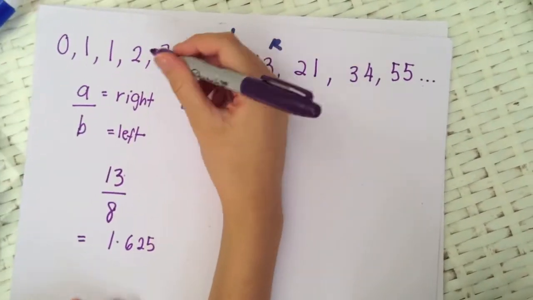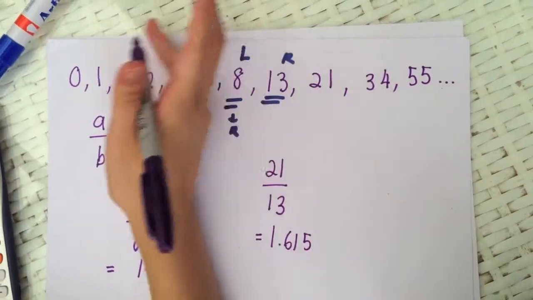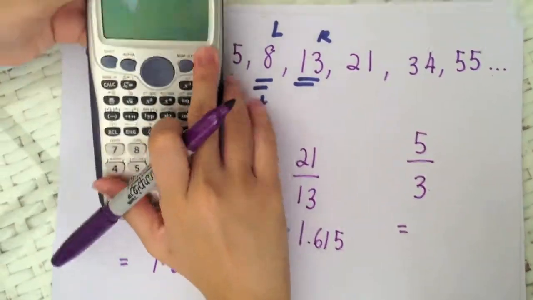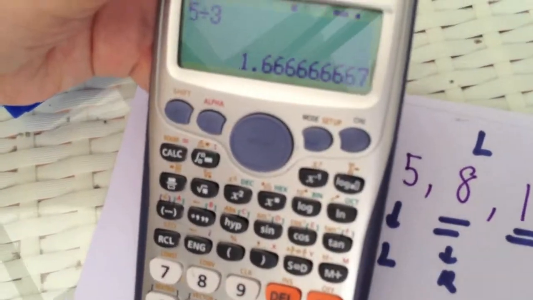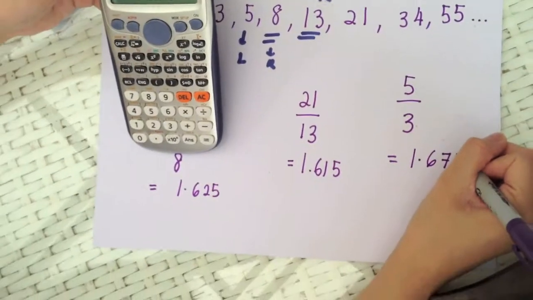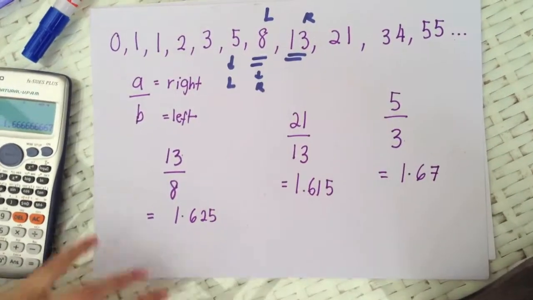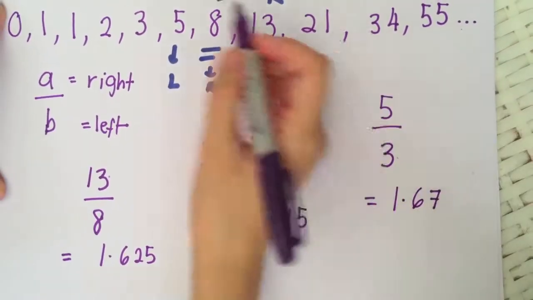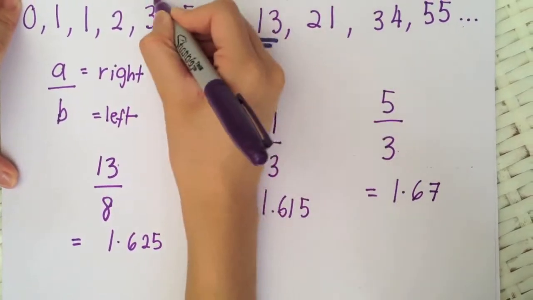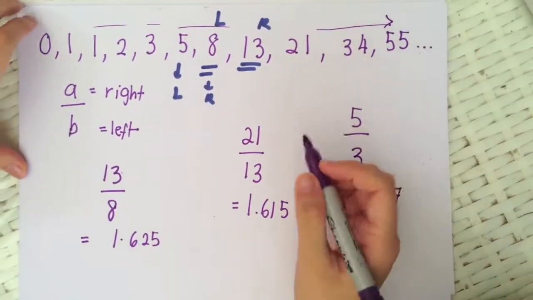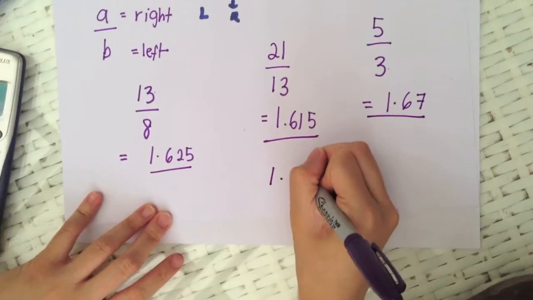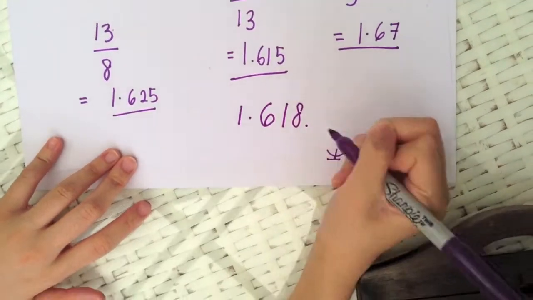Let's take another one, something slightly to this side, 5 over 3. That gives you 1.67. So if you try all of them out, the further you go, the more accurate it gets. As you can see here, it's all really close to 1.618.